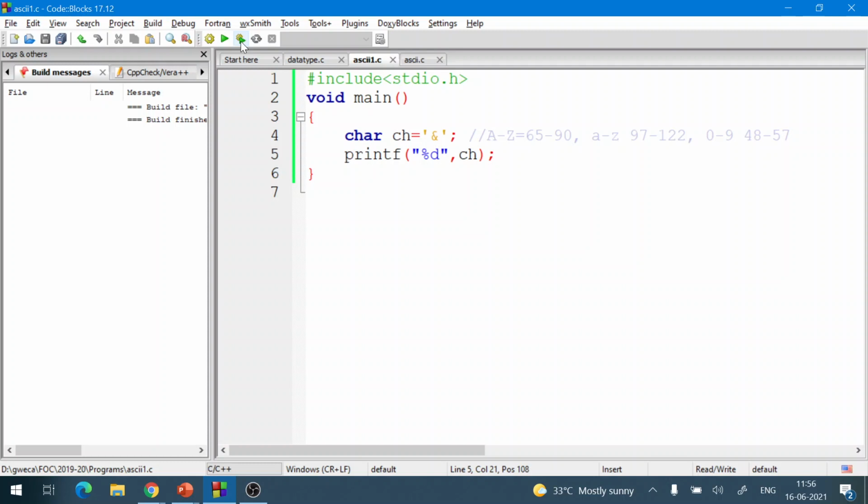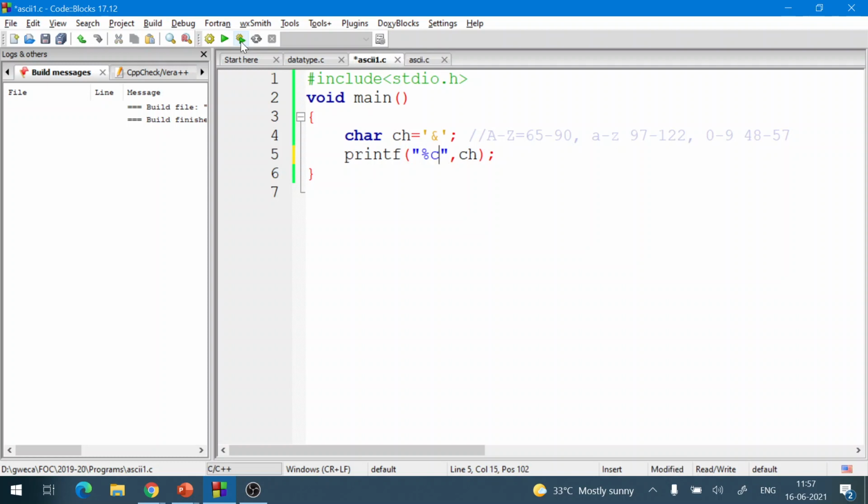Between them there is 65 to 90, which stands for capital A to Z. Then we have 97 to 122, which stands for small a to z, and similarly it goes on like that.